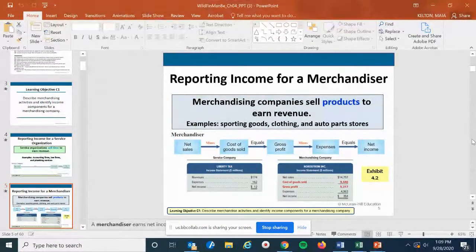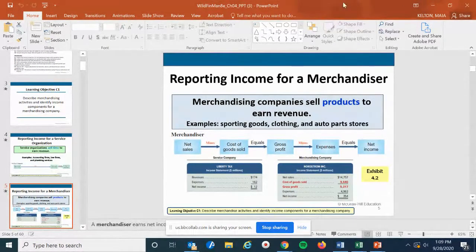In addition to that, the merchandiser will have to account for the cost of the goods sold. This is by far the biggest expense on the income statement of a merchandising company. The difference between net sales and cost of goods sold is what we call gross profit. Once we account for gross profit, or what is left from revenues after they cover the cost of goods sold, we list all the expenses, and that allows us to calculate net income.